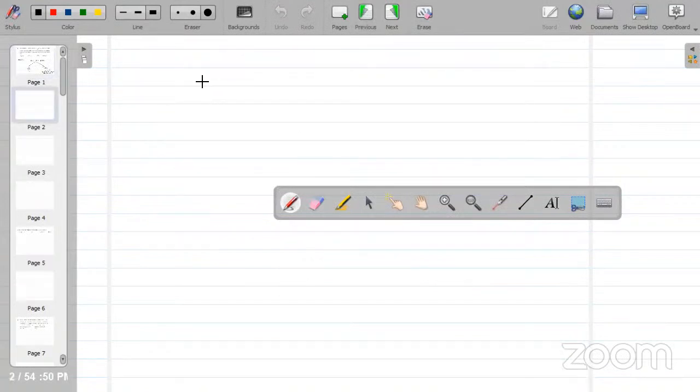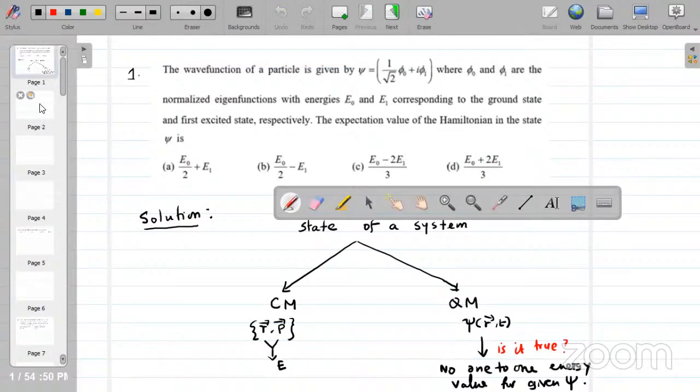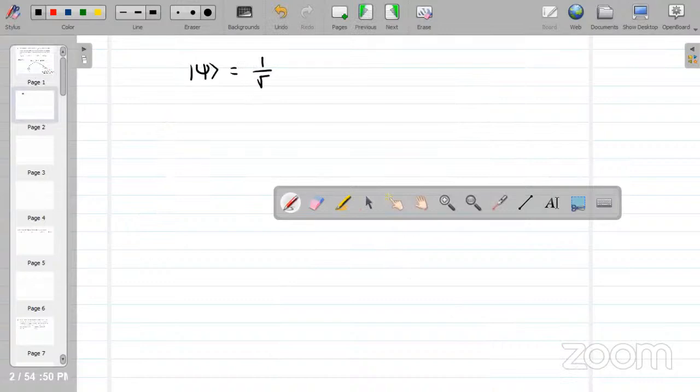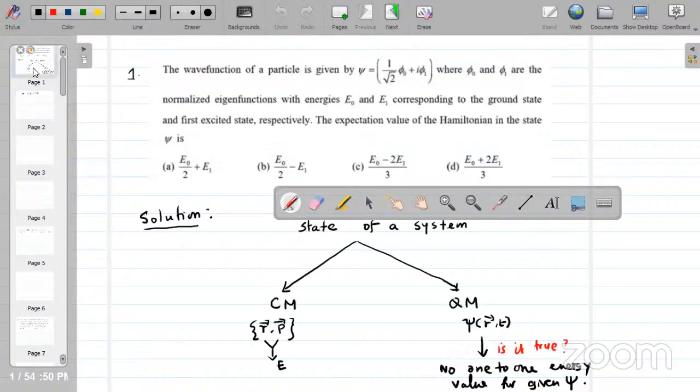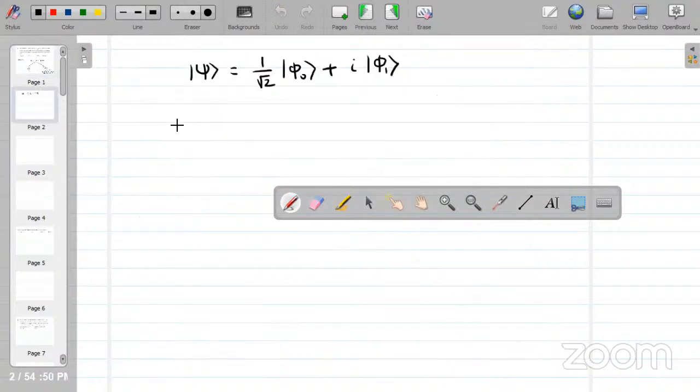In this case, they have mentioned clearly psi is equal to 1 by root 2 phi naught plus i phi 1. So if I measure H on psi, there are two possibilities: I may get E naught or E 1. Usually students think: if I measure H on psi, what do they correspond to? What is the typical thought process?